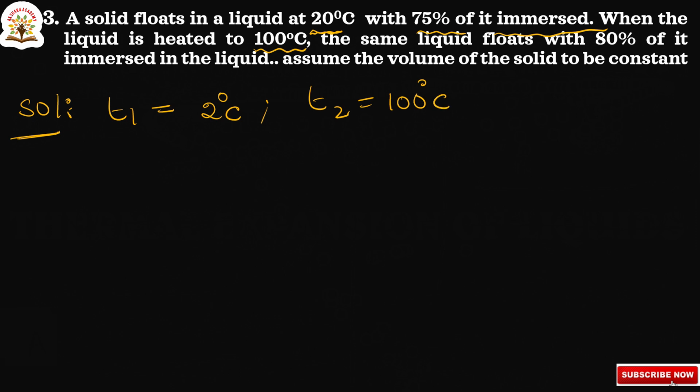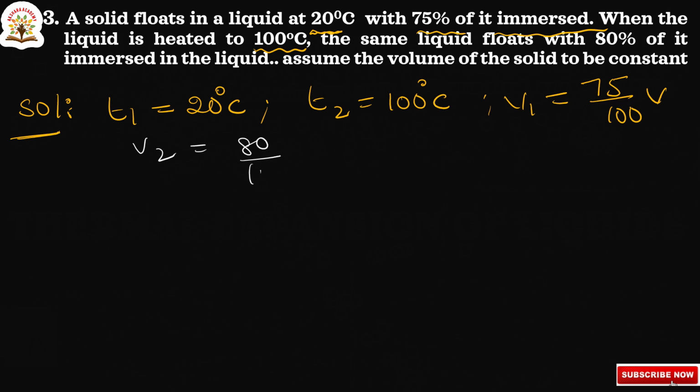V1 is equal to 75% immersed, that is 75 by 100 into V, and V2 is equal to 80 by 100 into V. Here 80% of it is immersed.